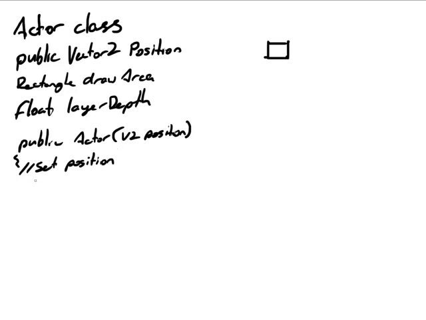Define our draw area, which is going to make a rectangle, which is going to be 0, 0, 40, 40. That'll be a good way of showing it. And we're going to explicitly set for now our layer depth. So our layer depth is going to be equal to 0.6. Which is going to make it fit within the background item and the foreground item.